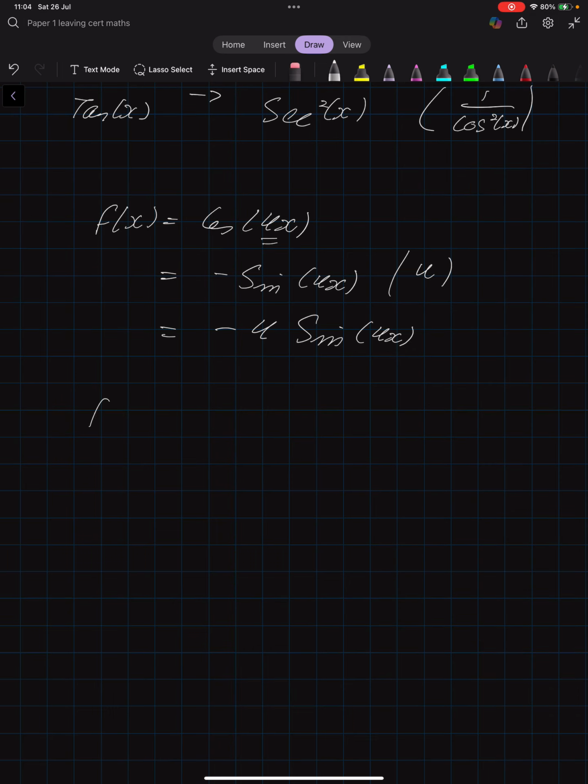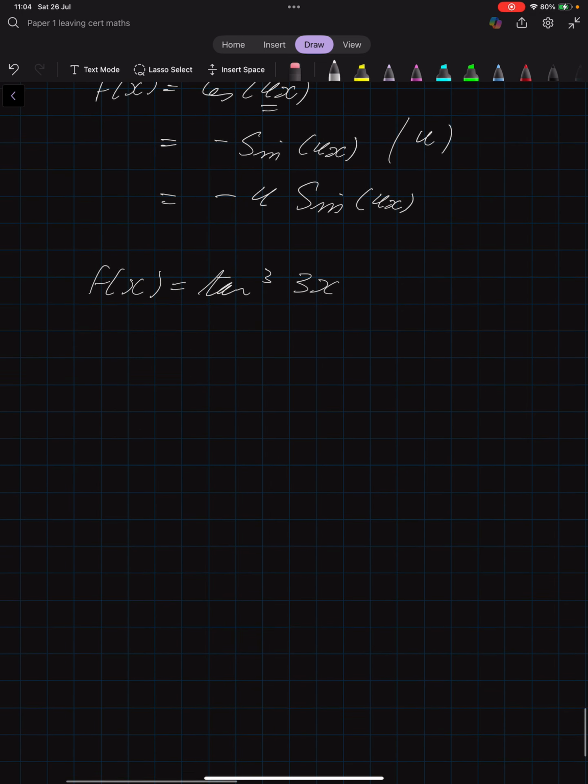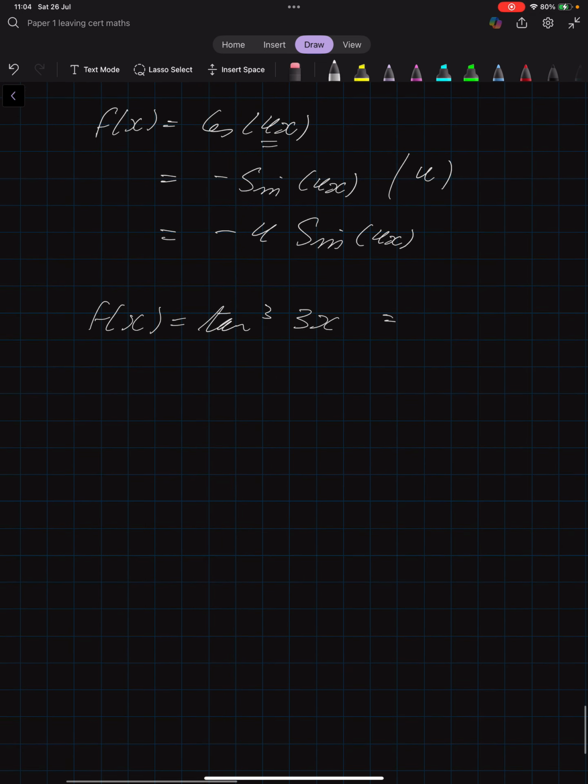Let's say f of x is equal to tan cubed of 3x. How do I differentiate this? Well, remember, this is tan of 3x, cubed. So first of all, we'll use the chain rule.